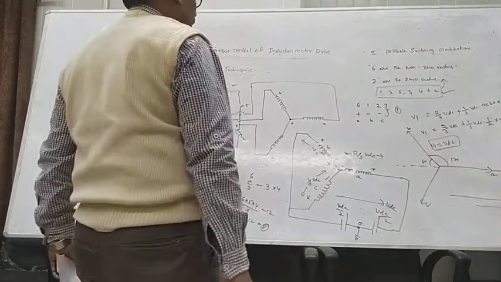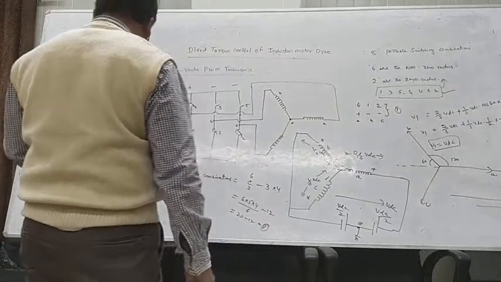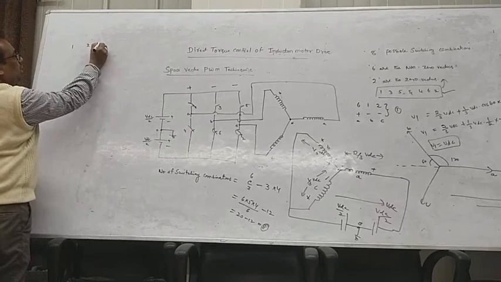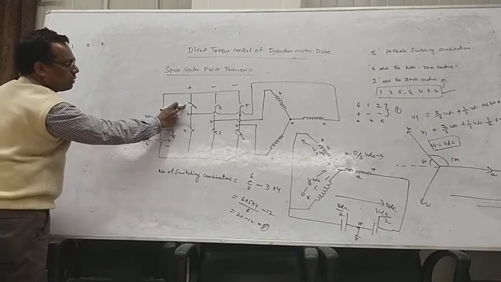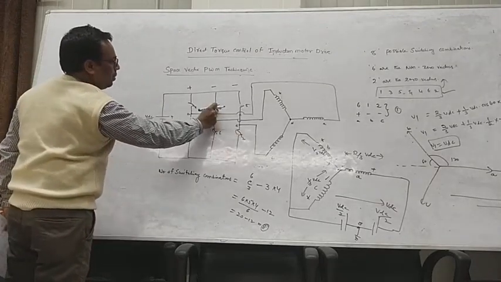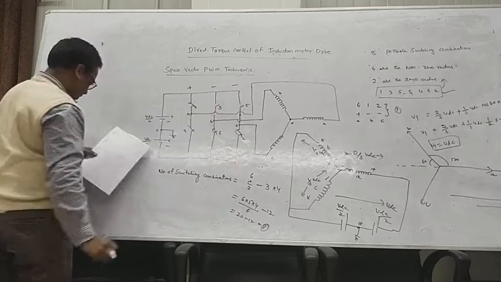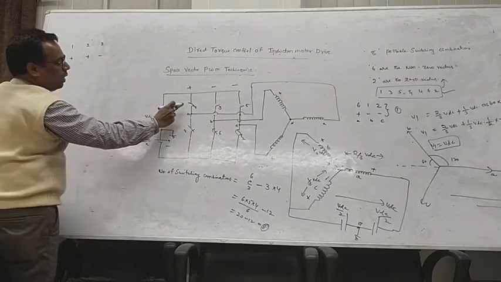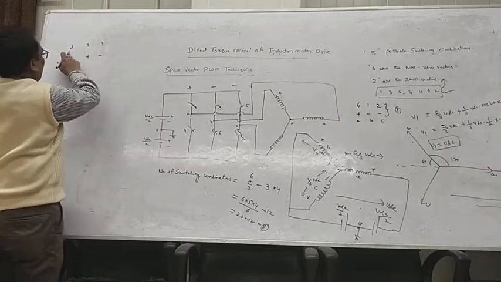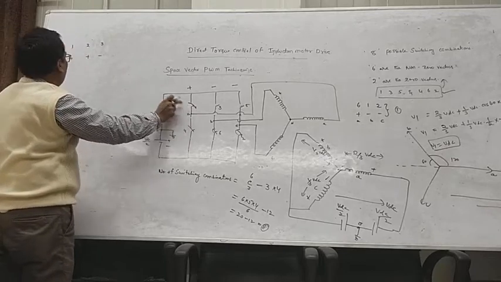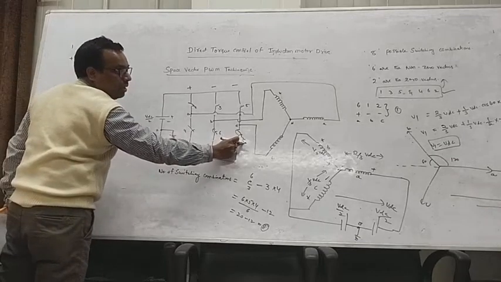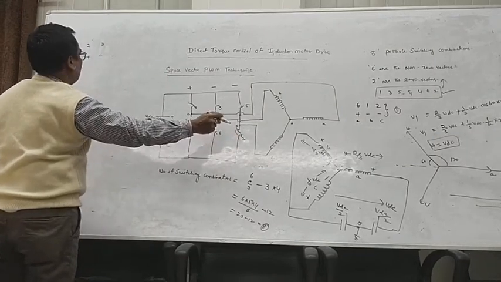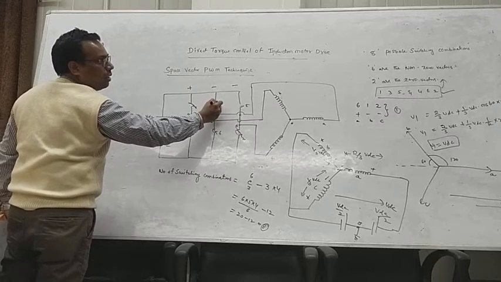For example, if the next switching state we consider is 1, 2, 3, another possible combination is 1, 2, 3. It means plus, plus, minus. So 1 is the A phase upper switch, and 2 here in the C phase is the negative group, minus. 3 here means the B phase is on.